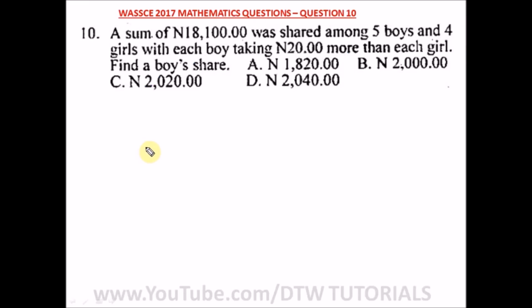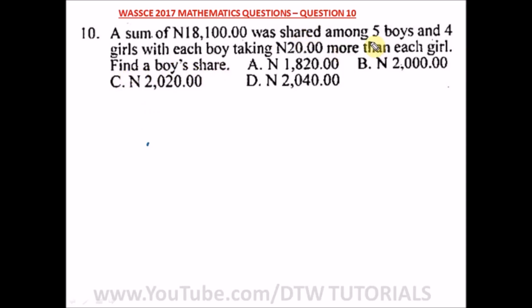Question 10 of our WASSCE 2017 mathematics question, that's your WAEC 2017. It says a sum of 18,100 naira was shared among 5 boys and 4 girls, with each boy taking 20 naira more than each girl. Find a boy's share.